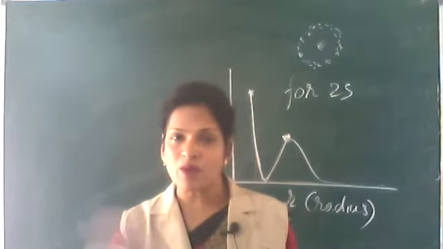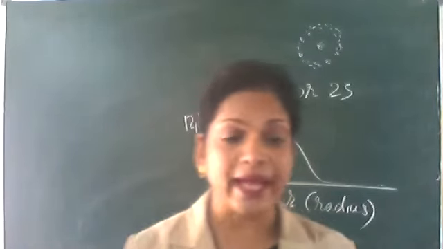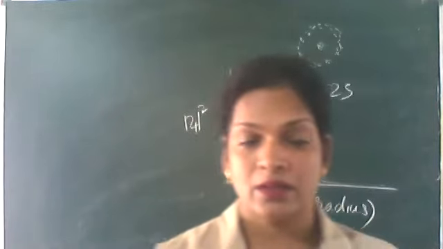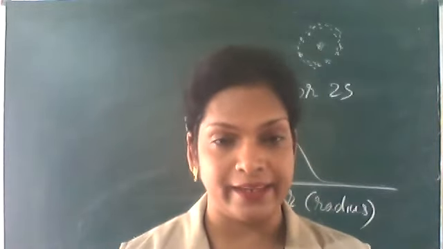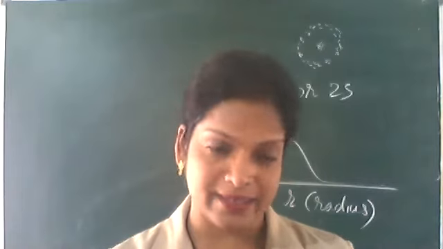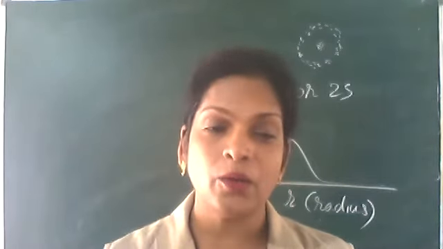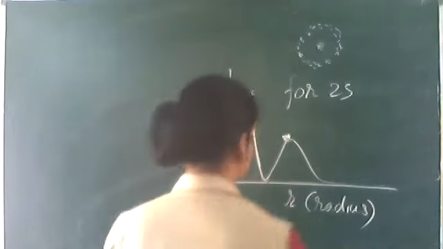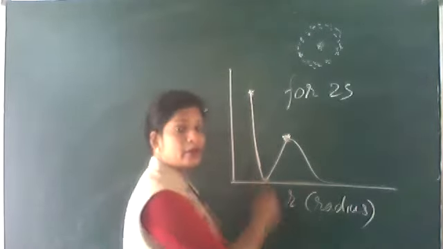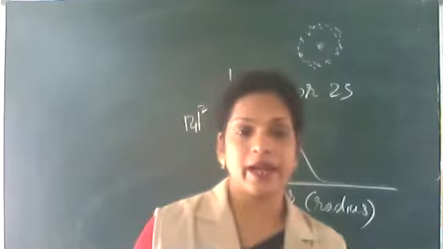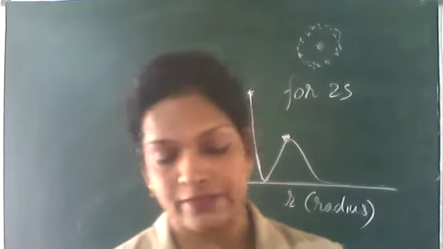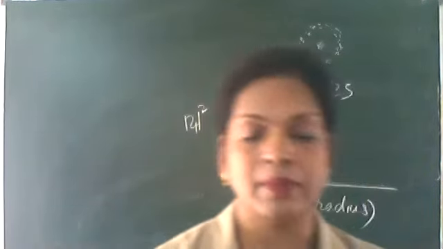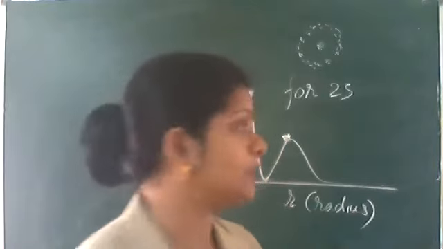That means between 1s and 2s, we have a region of no probability density. That area is called a nodal surface. So this position is a nodal surface. Write down nodal surface, or simply nodes, N-O-D-E-S.